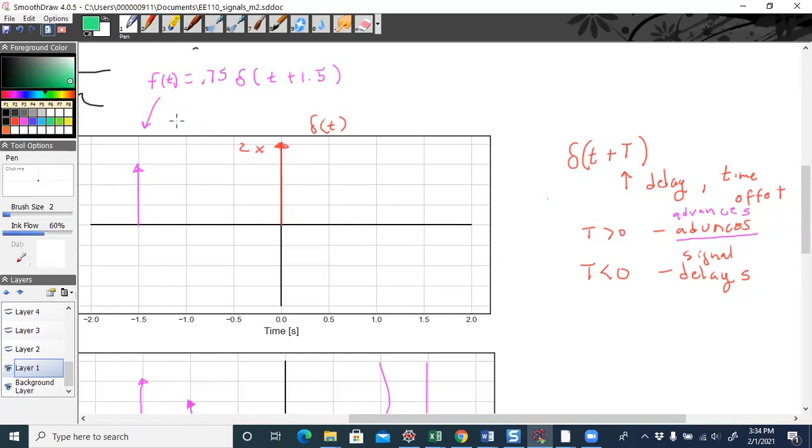And here, that's 1. This was 0.75, that's 1. And so that's really just the delta function. And then the time is advanced only by a second.